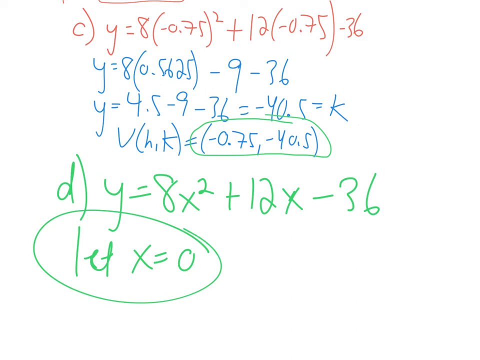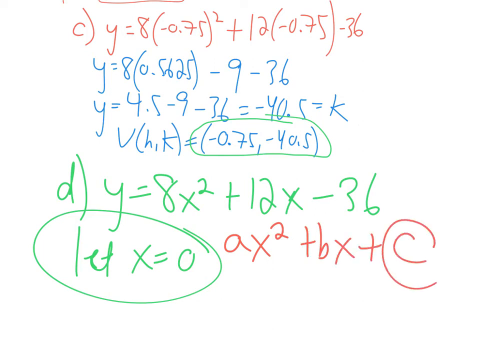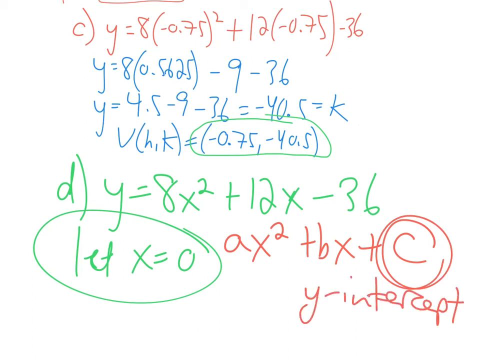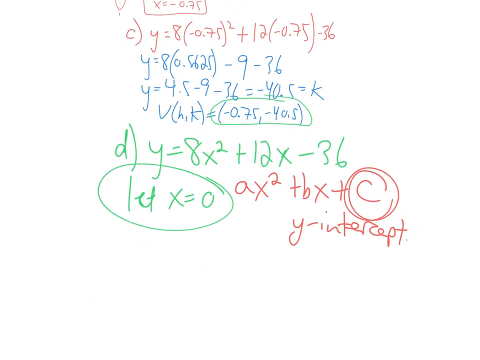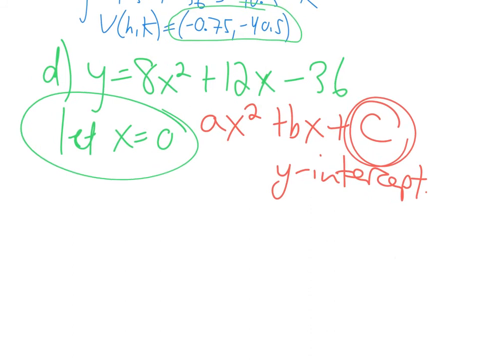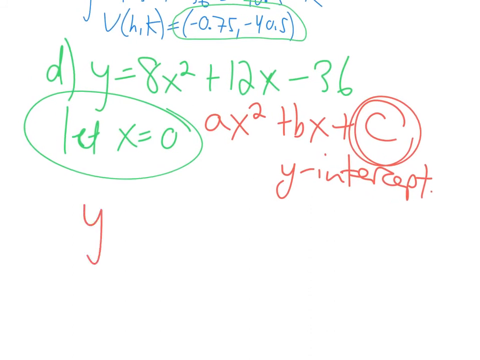Or we could recall our knowledge that in standard form, ax squared plus bx plus c, the c value is the y-intercept. And it becomes a shortcut. And notice that if you sub in 0, the first term becomes 0 squared times 8, which equals 0.